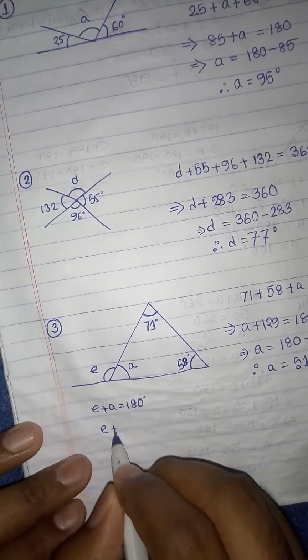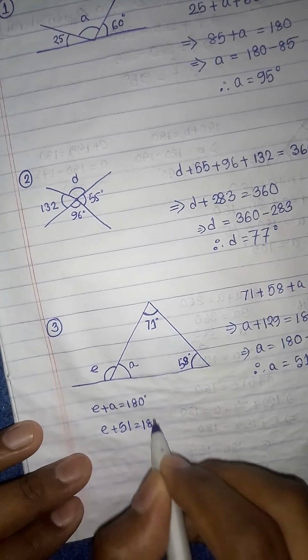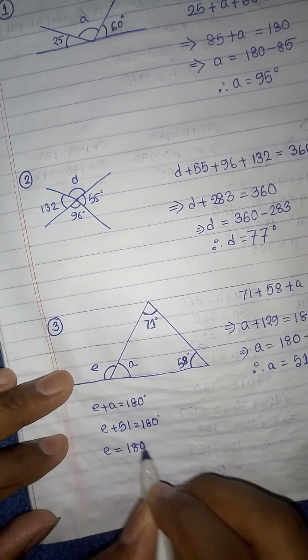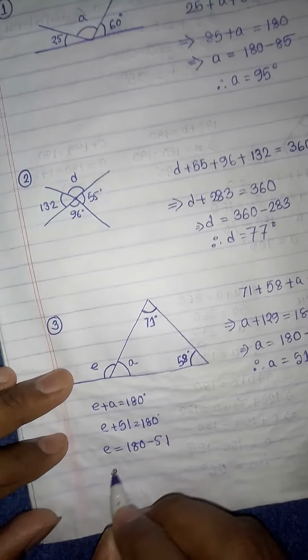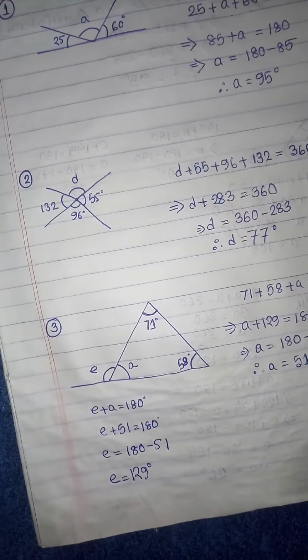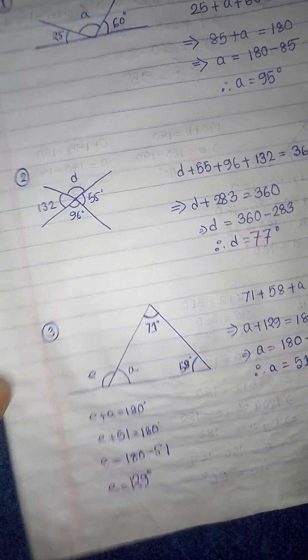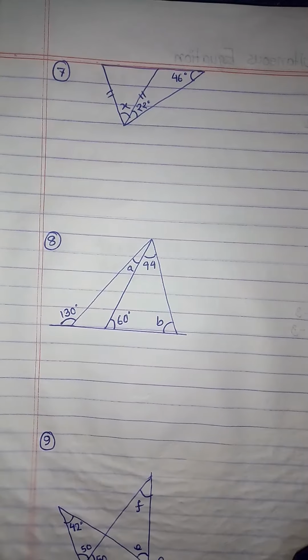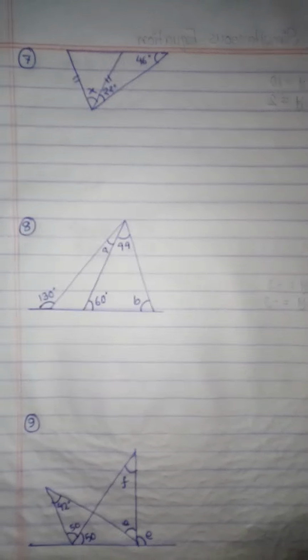So E plus 51 equal to 180, I have written it out already, that is E equal to 180 minus 51, so E comes like 129 degrees. Okay, we are moving on to the next 3 solutions. These are the next 3 solutions we have to solve.